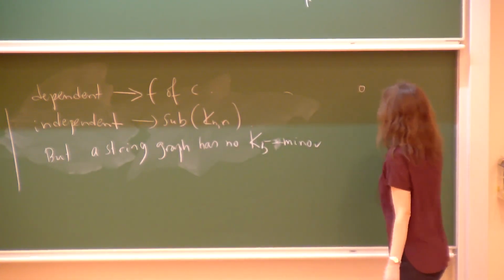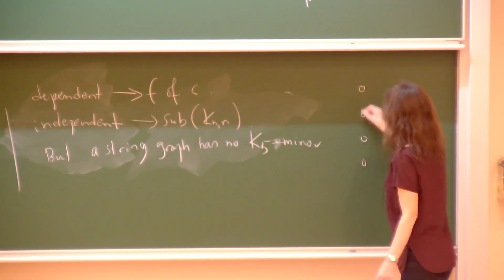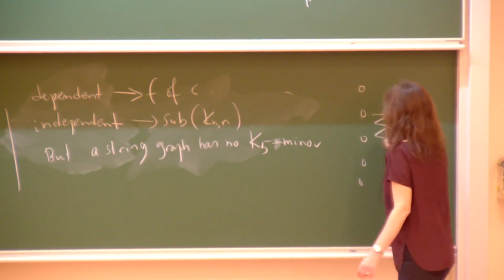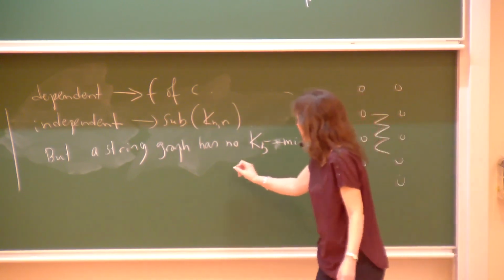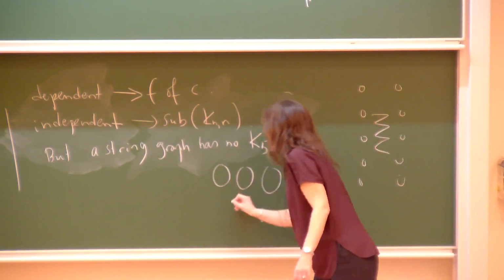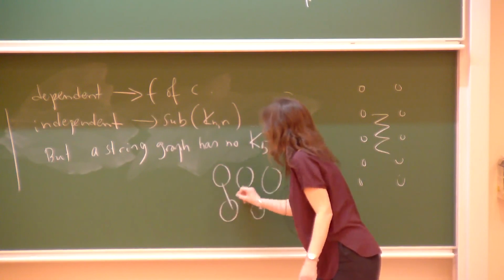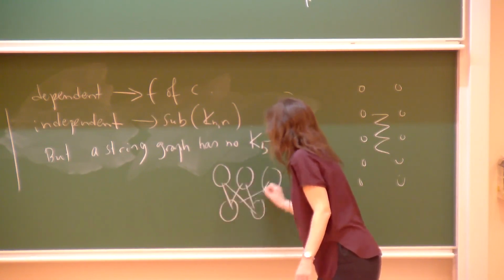But if you look at K5,5. So what's a K5 minor? It's just 5 connected subgraphs, all pairwise with edges between them. That's what a K5 minor is.